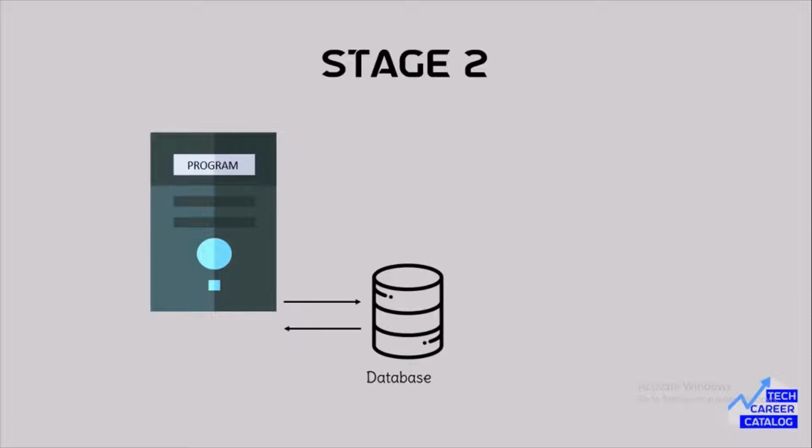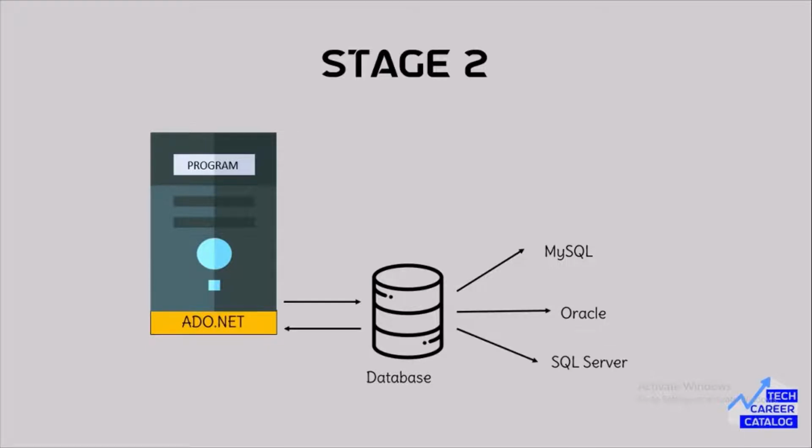We are going to use a technology called ADO.NET, that is ActiveX Data Object, using its libraries, classes and objects. Using this technology we'll make our program communicate with the database, irrespective of whether the database belongs to MySQL, Oracle or SQL Server, it doesn't matter.